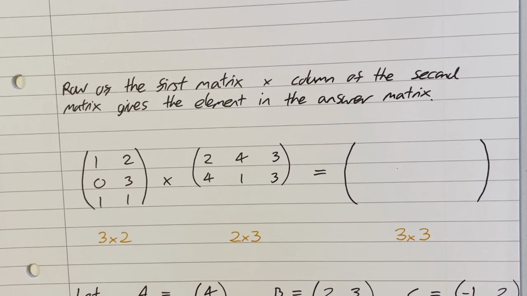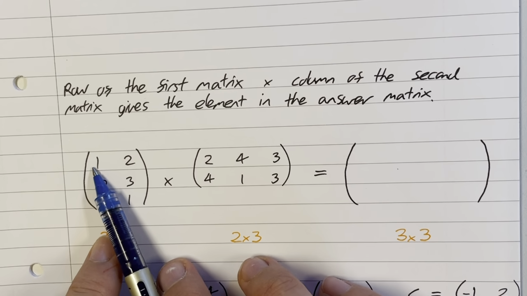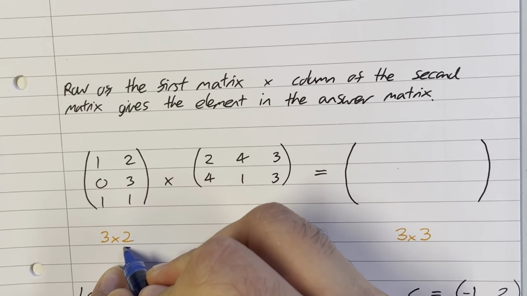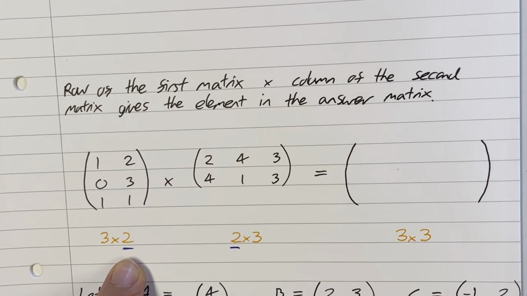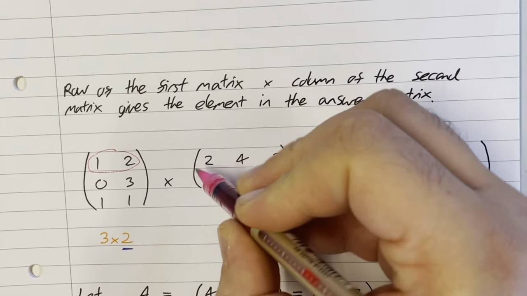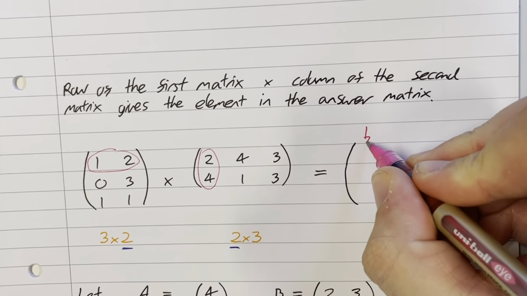Saying that, the process is exactly the same. So we've got number 2 here and number 2 here. Because these 2 numbers are the same, this product is possible, and the output matrix is going to be 3 by 3. We're going to have top row by left column, and that will give you this element up here.